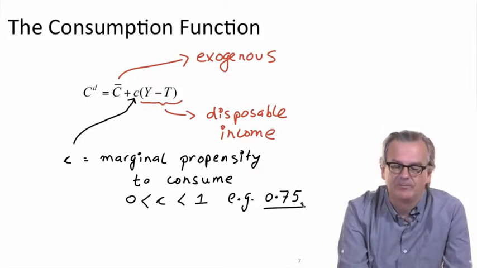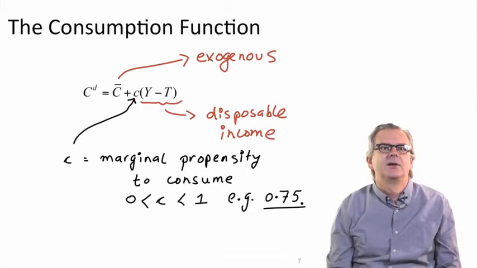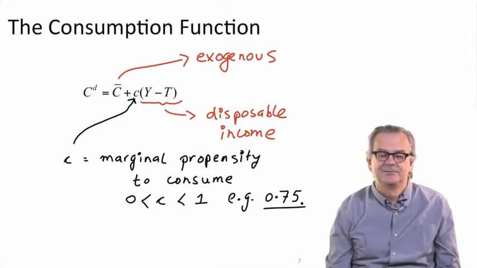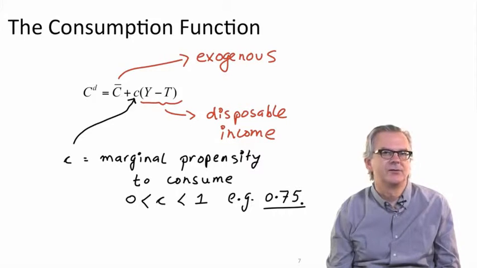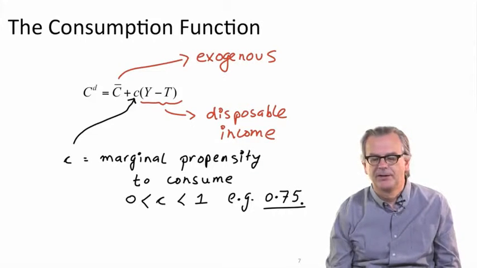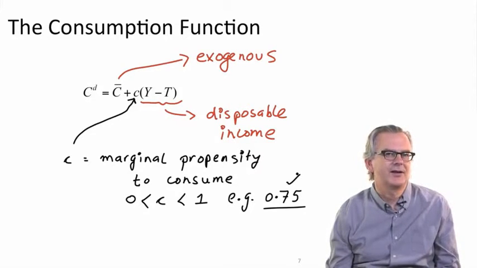What does that actually mean? The marginal propensity to consume tells us that should a household receive an extra $1 of disposable income, then in this instance, 75 cents of that extra $1 will flow into increased consumption expenditure.